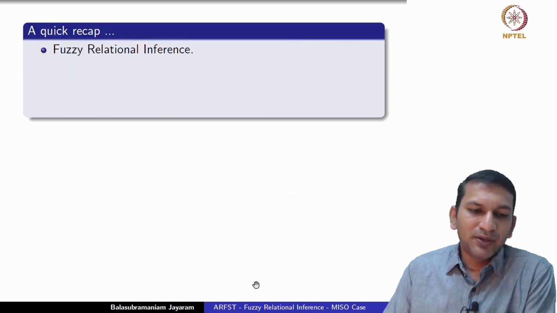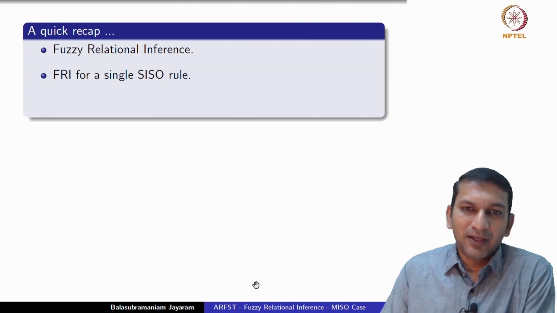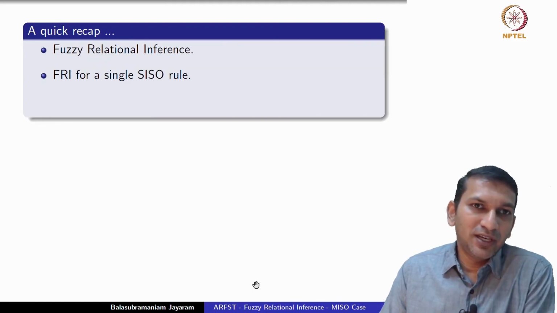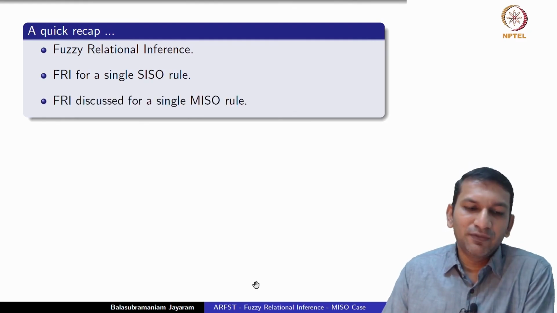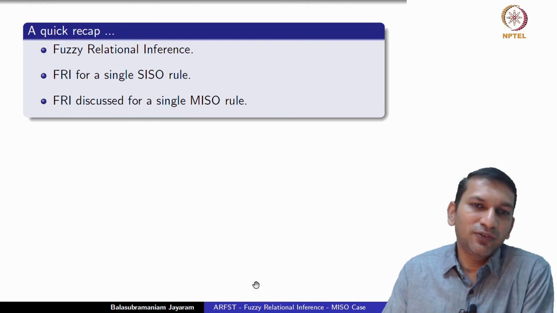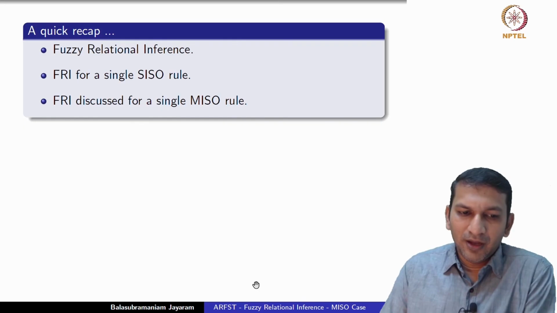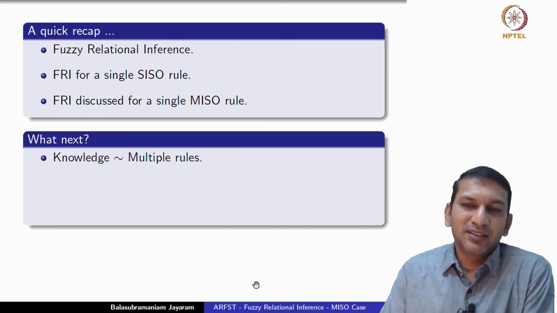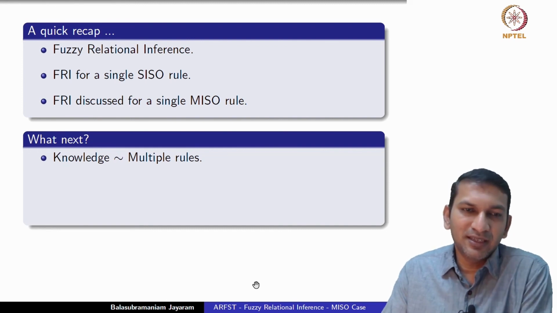A quick recap. So we have been discussing fuzzy relational inference. In the previous lecture, we looked at fuzzy relational inference for a single SISO rule. In this lecture, we have looked at how to perform FRI in the presence of a single multiple input, single output rule. Of course, it is clear that the knowledge about any domain in which you are trying to capture and reason cannot be captured in one single rule.